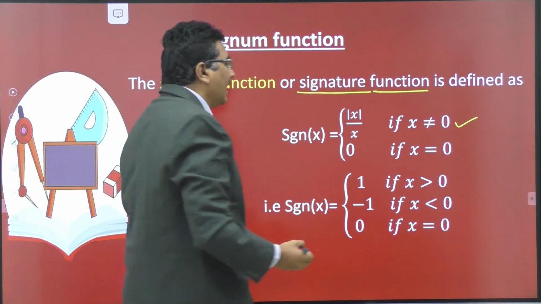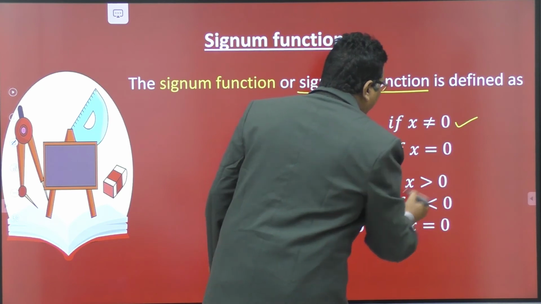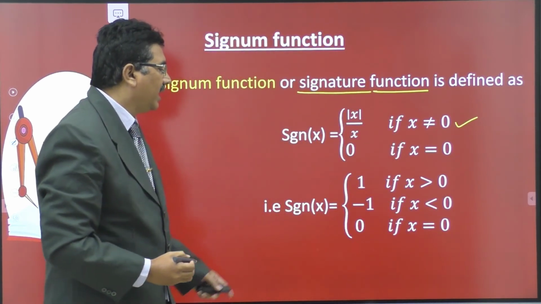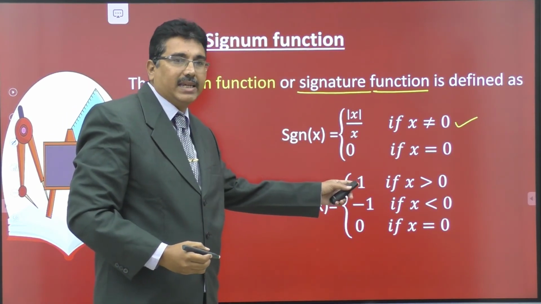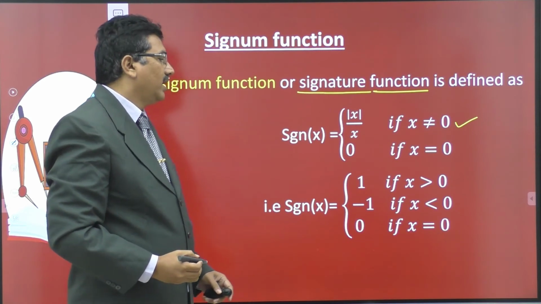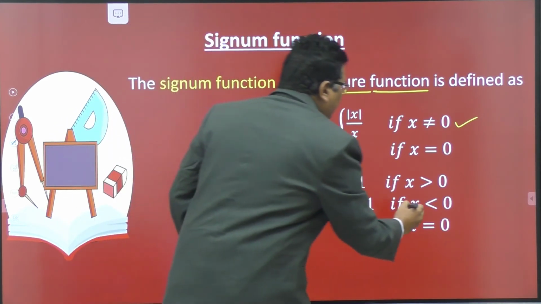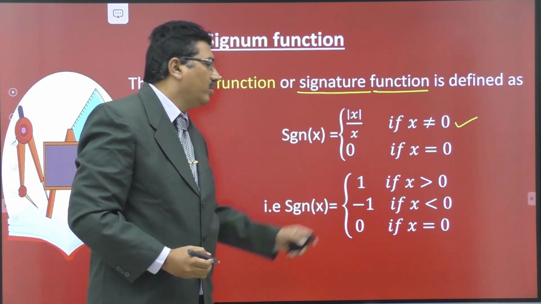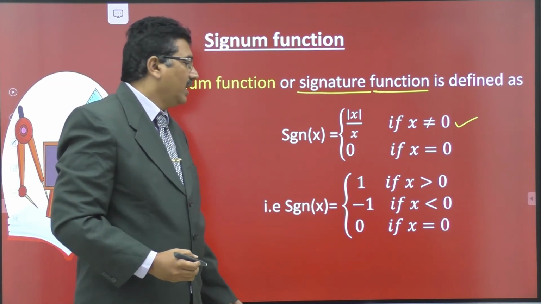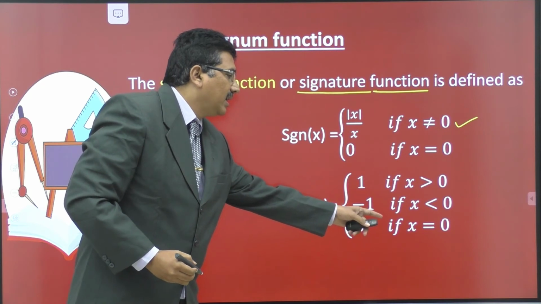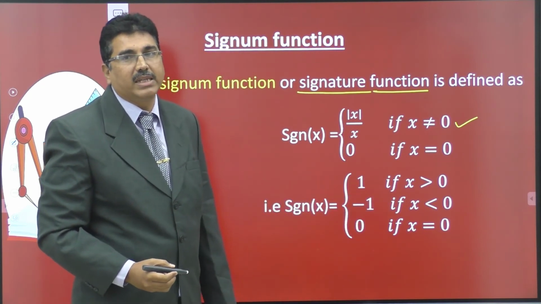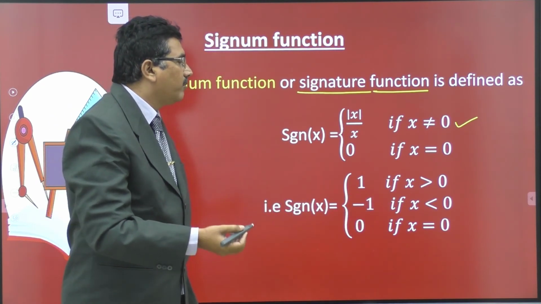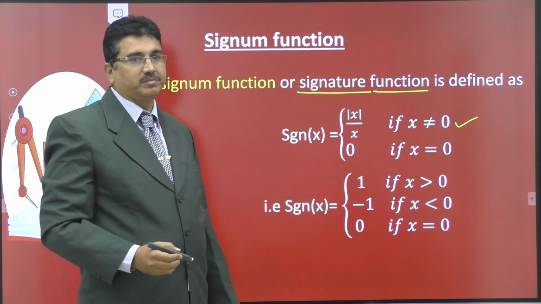If the sign of the real number is positive, then its image is equal to 1. If the real number is negative, its image is equal to -1. If x is 0, it is neither positive nor negative.